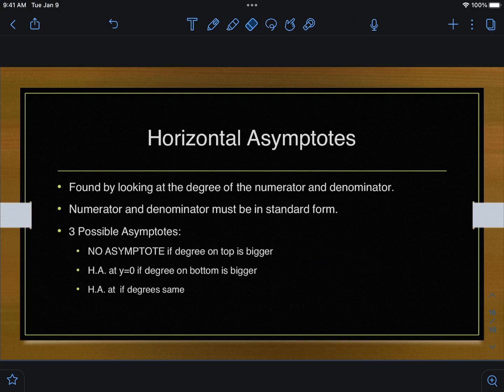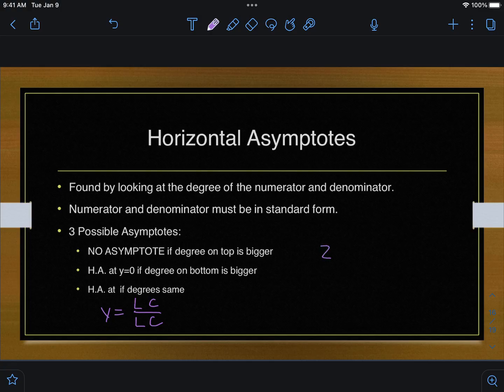And then the horizontal asymptote is at y equals the leading coefficient over the leading coefficient if they have the same degree. So that LC stands for leading coefficient. In that case, that might look something like this.